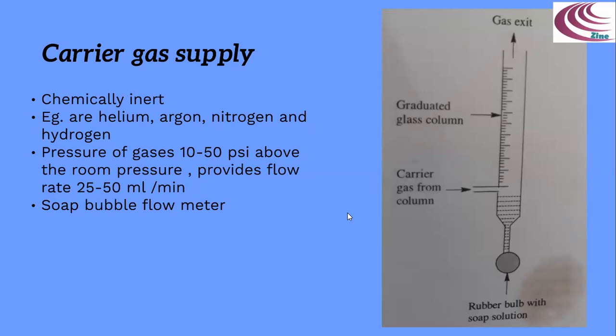The pressure of the carrier gas at the inlet is usually in the range of 10 to 15 pounds per square inch above the room pressure, which provides the flow rate around 25 to 50 ml per minute.